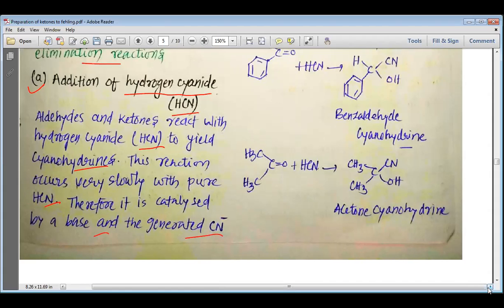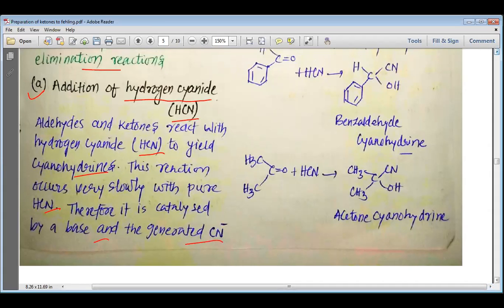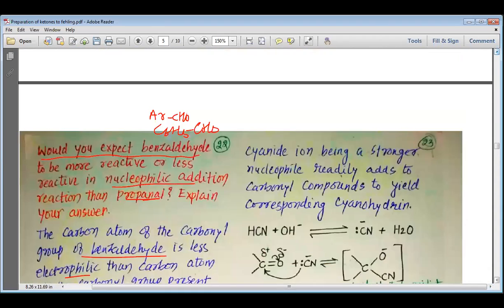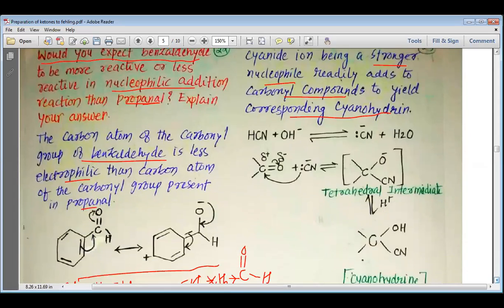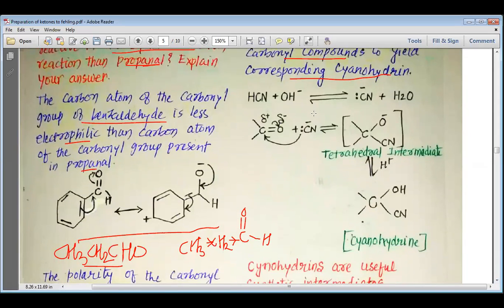So let's first look at the reaction that takes place. Cyanide ion, being a stronger nucleophile, readily adds to the carbonyl compound to yield the corresponding cyanohydrin. First, the reaction is done in the basic medium, so you can pay attention here that HCN in the presence of base produces the cyanide ion, which is a nucleophile.